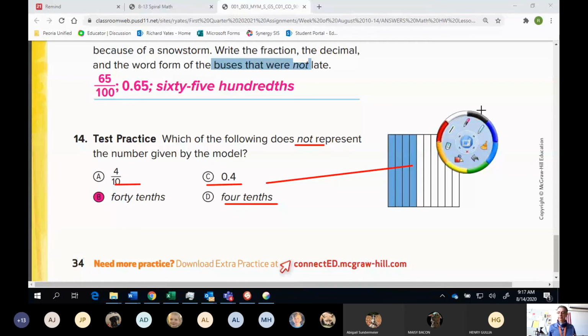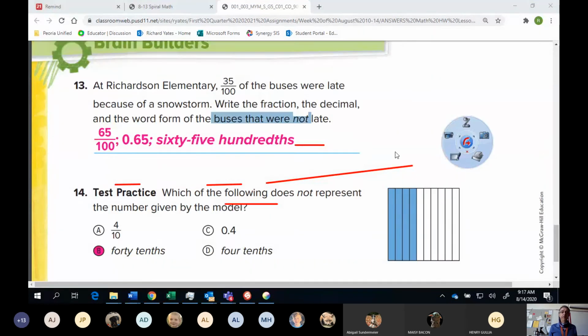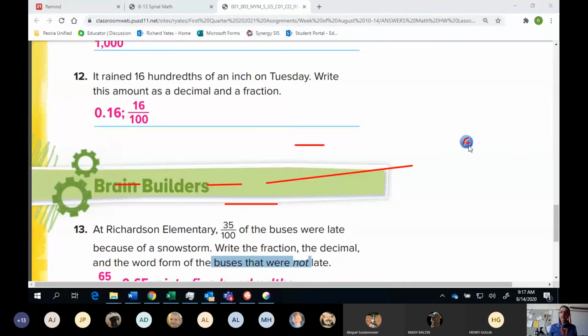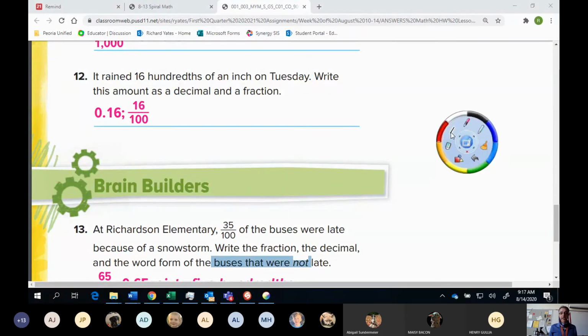And good job. What I'm going to do is give you 3 minutes to stand up and stretch. At 9:20, I'm not asking you to leave the meeting, but I'd like you to go ahead and stand up and stretch. For these few minutes, while we're standing up and stretching, I'm going to show Henry and anybody else who might have missed the first part of the homework a chance to look at those answers.